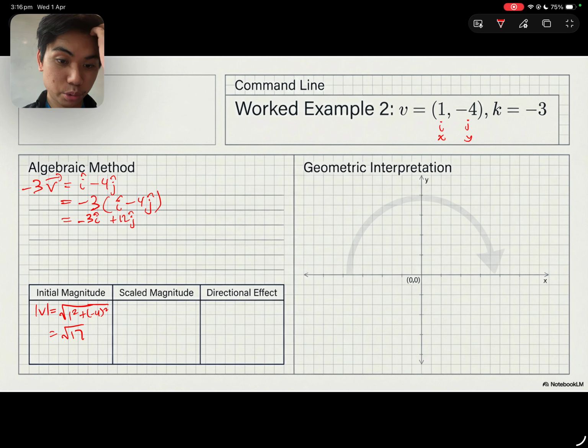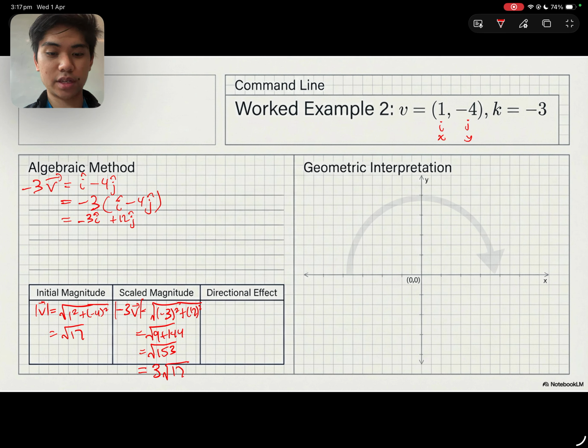Now when we do the scaled magnitude for our new scalar vector, then we have to do the square root of -3 squared plus 12 squared, which will give us the square root of 9 plus 144, which is the square root of 153, which in this case would be 3 times the square root of 17, okay?